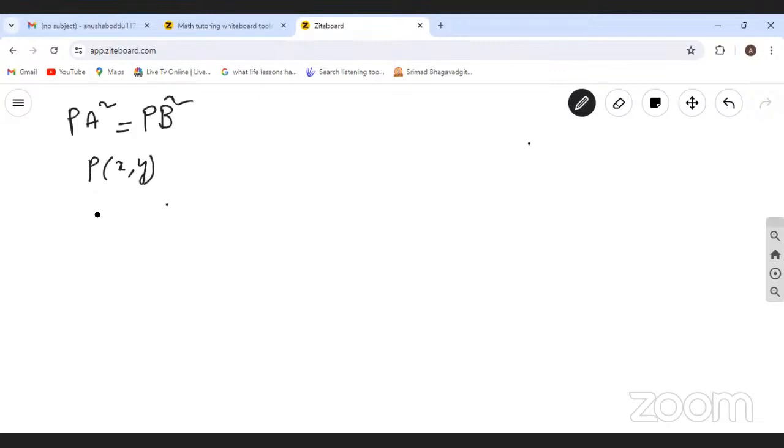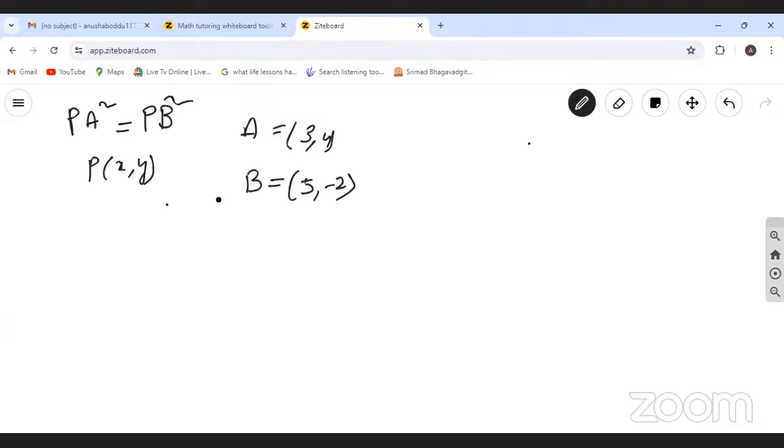So here PA square is equal to PB square, we need to use the distance formula. So let us take the value of A as 3 comma 4 and the value of B as they already gave you in the question, that is 5 comma minus 2. Now we will find the distance between PA square is equal to PB square.